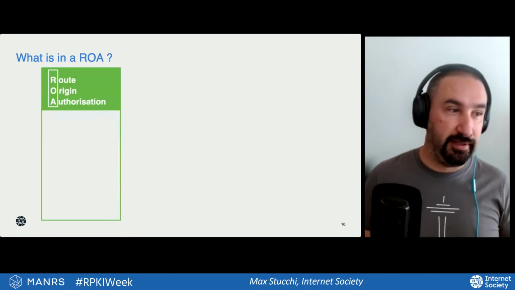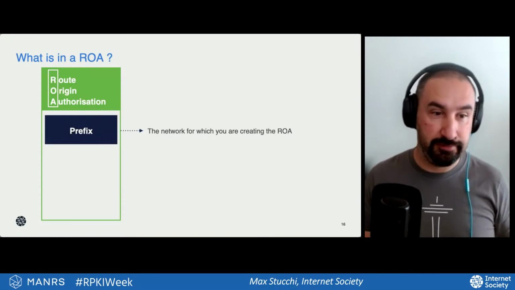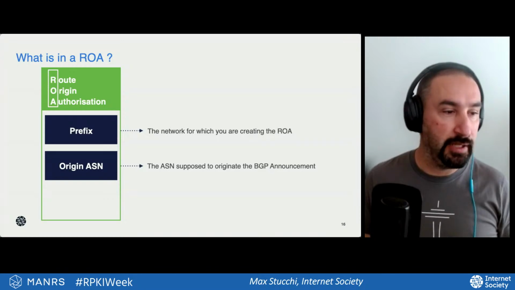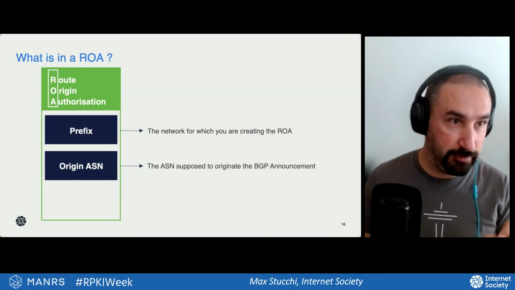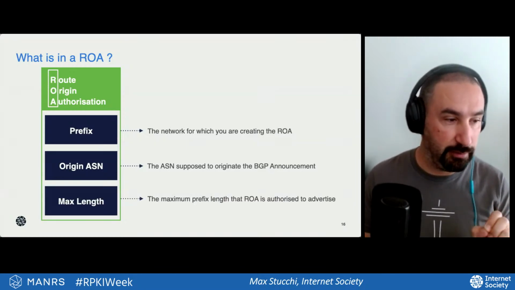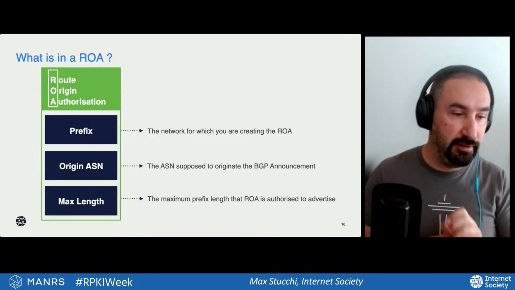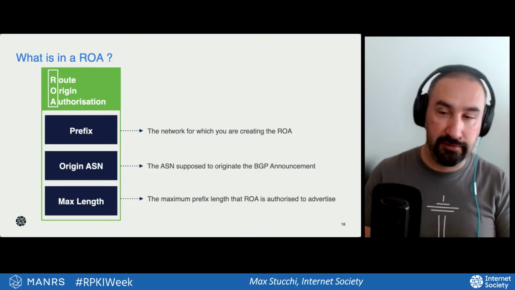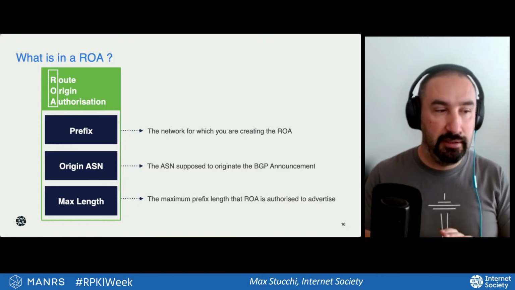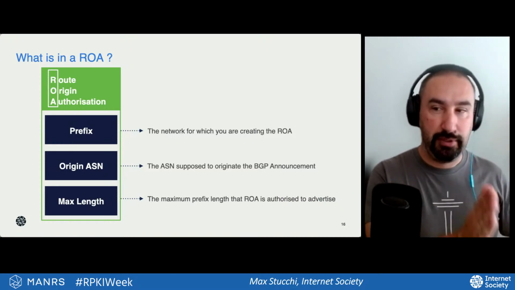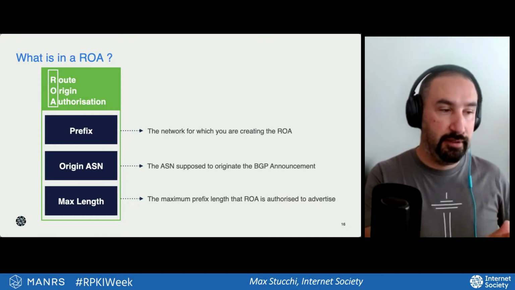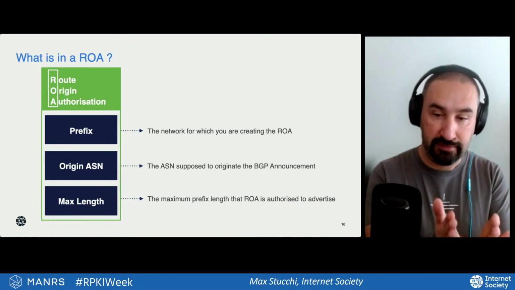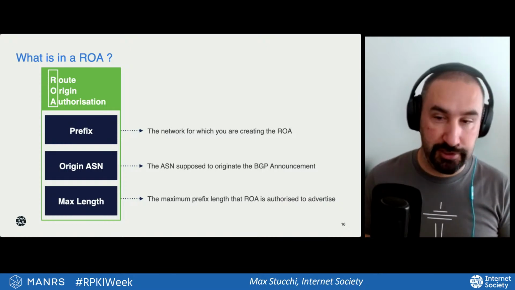But what is in a ROA? We've said there's a prefix, the network, there's an origin ASN, but getting into more details, we have an additional point: the max length, the maximum prefix length that the ROA is authorized to advertise. So the prefix has a prefix length, and then you have another additional parameter that is the max length, and there's the origin ASN.